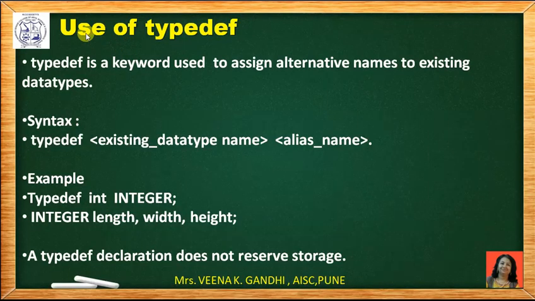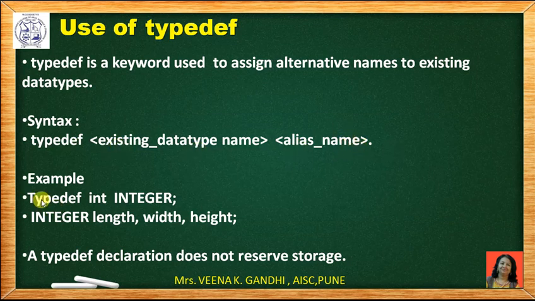Now the next topic is the use of typedef. As you already know, typedef is used for creating user-defined data types. So typedef is a keyword used to assign an alias or alternative name to existing data types. Syntax for it is typedef, existing data type name, alias or new name.